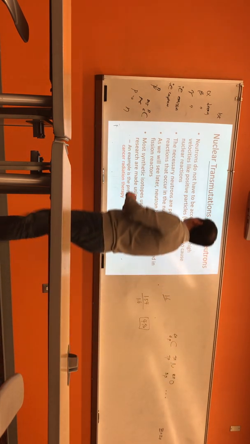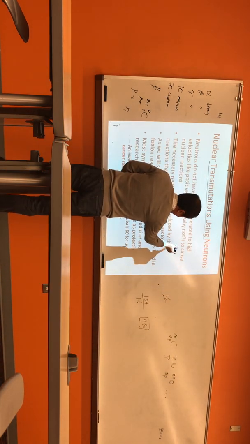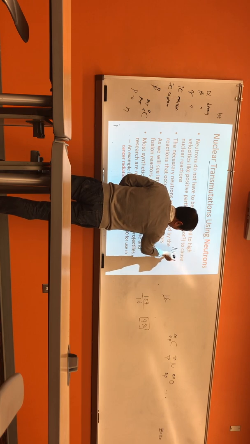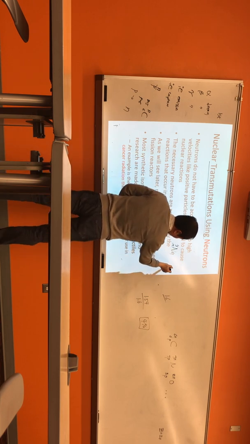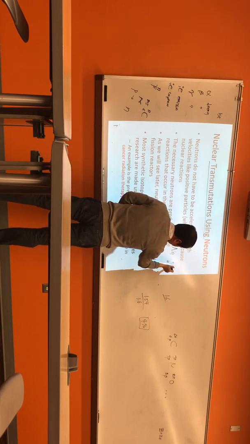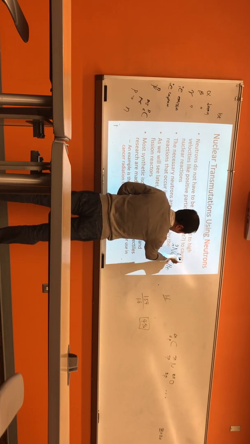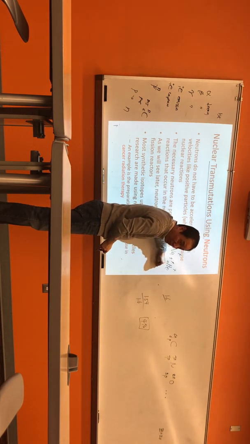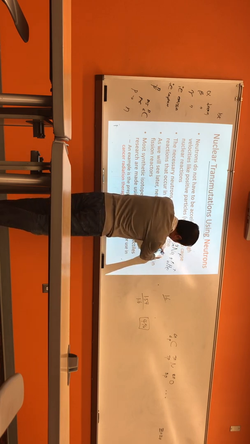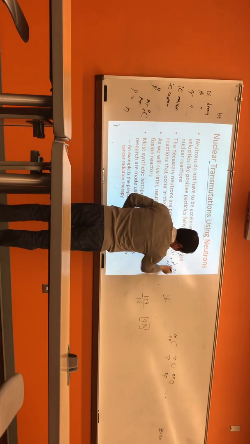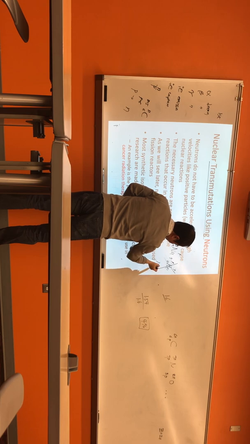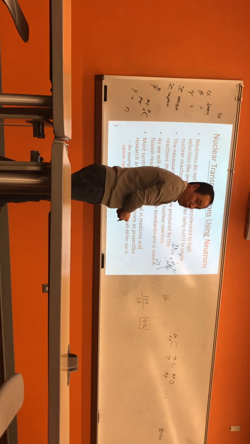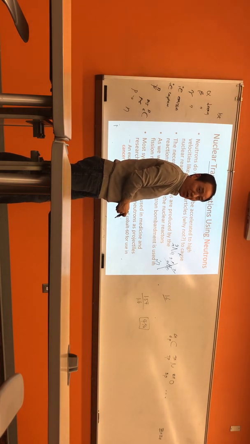Now, let's say we have a nucleus, any nucleus, and we use an alpha particle. Because they both have positive charge, we need to use a cyclotron to accelerate this particle. Otherwise, they would not come together, right? But instead of a charged particle, if you just use a neutron, it does not have any charge.